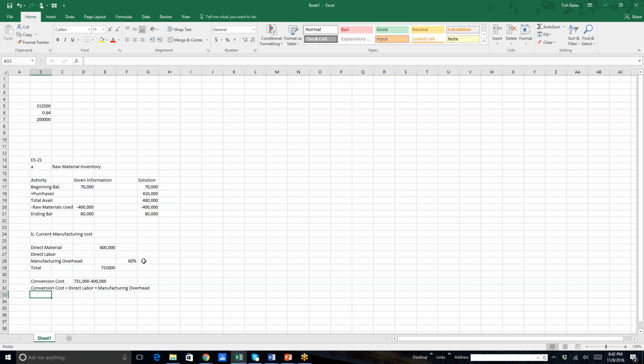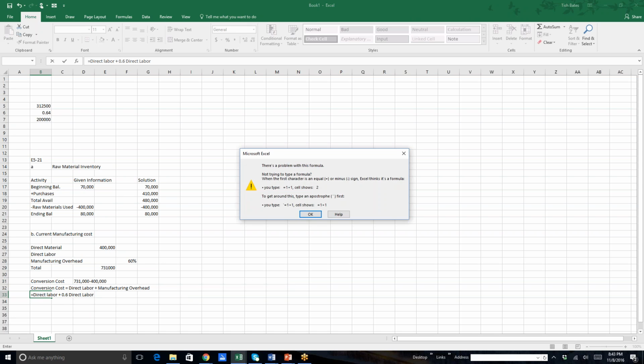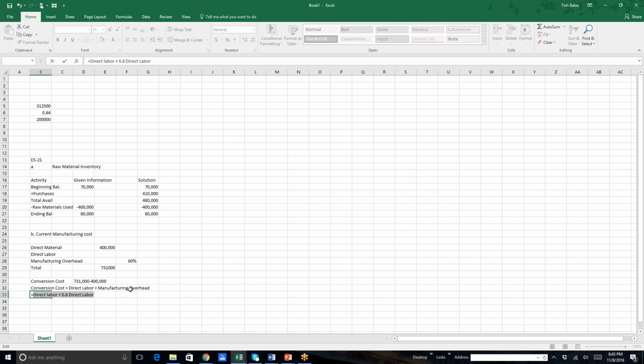So direct labor, from there, we can gather this, direct labor plus 0.6, which is that 60% of manufacturing overhead, direct labor. Okay? Oops. I'm going to take that off.